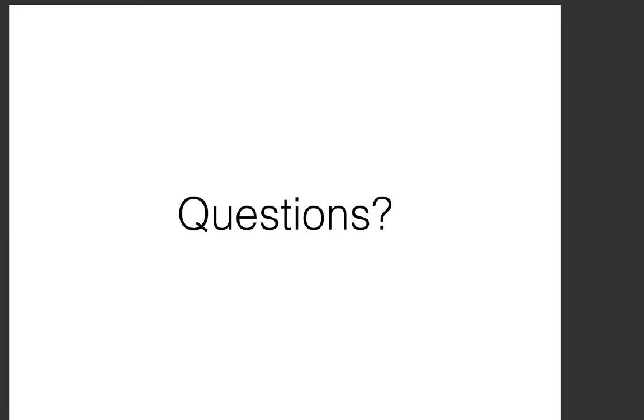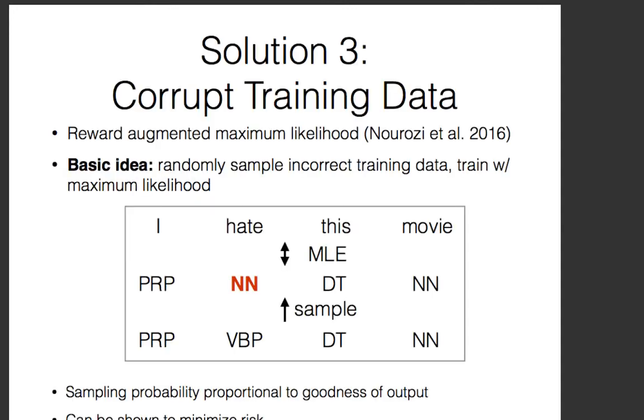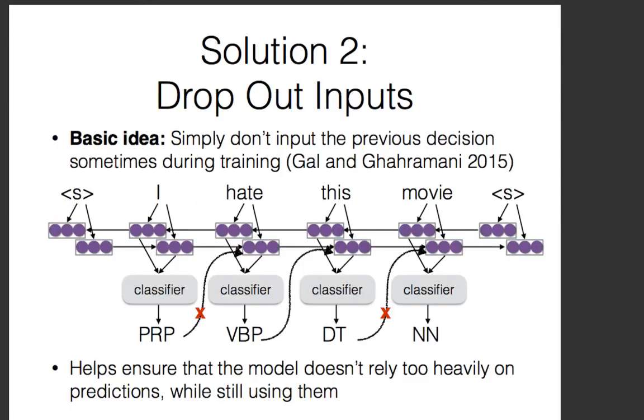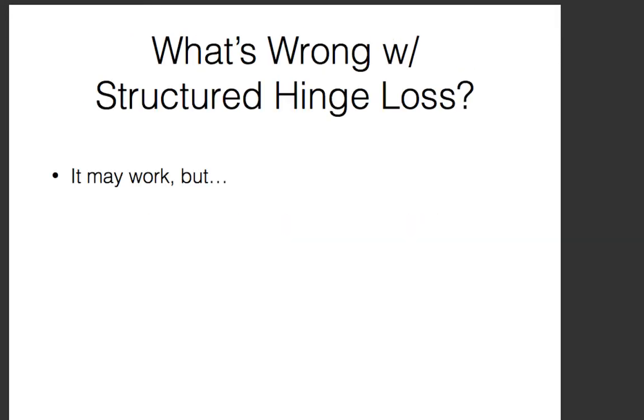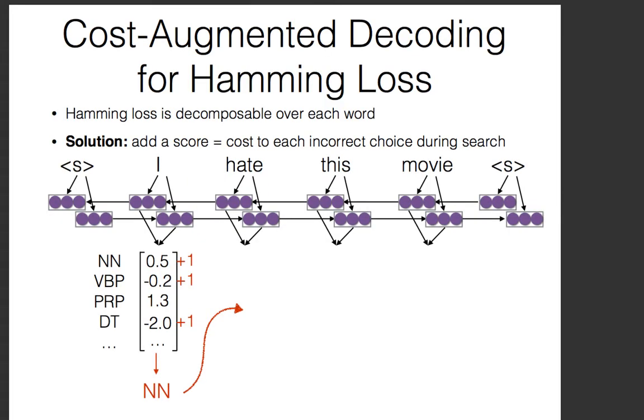Any other questions? Yeah, probably back to my previous question. We always feed the prediction into the input during training time. So do you mean that what we should try is to drop out some of the inputs? So what you actually should do is probably something like the structured hinge loss.